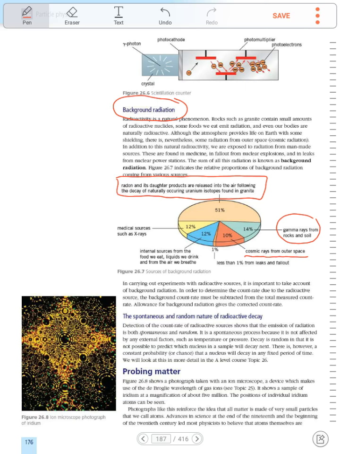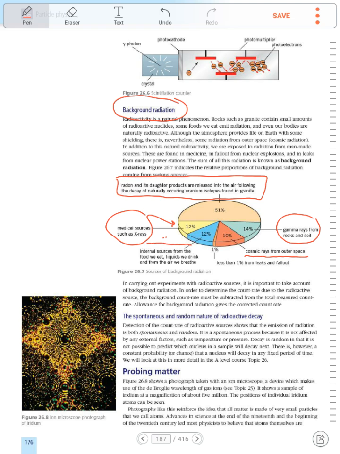Medical sources produce 12% of background radiation around us, and this number is increasing every day because the uses of X-ray and the medical uses of radiation are not like before, they are more.